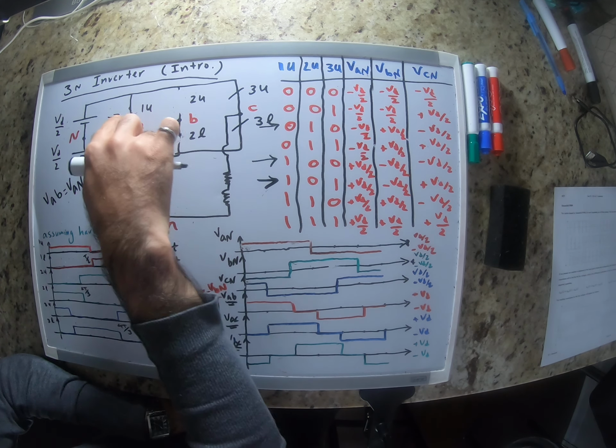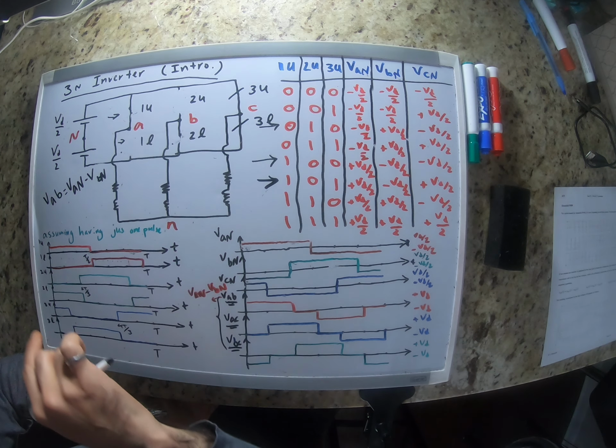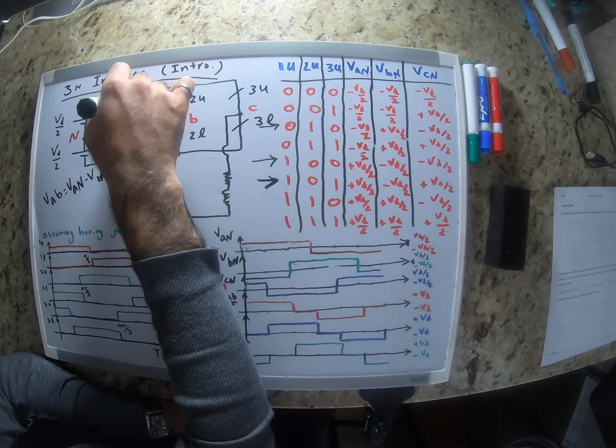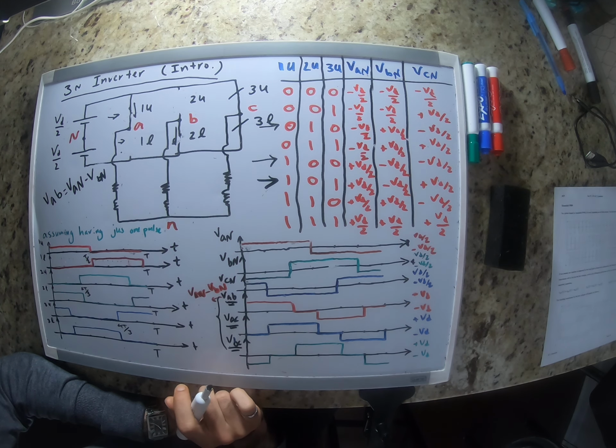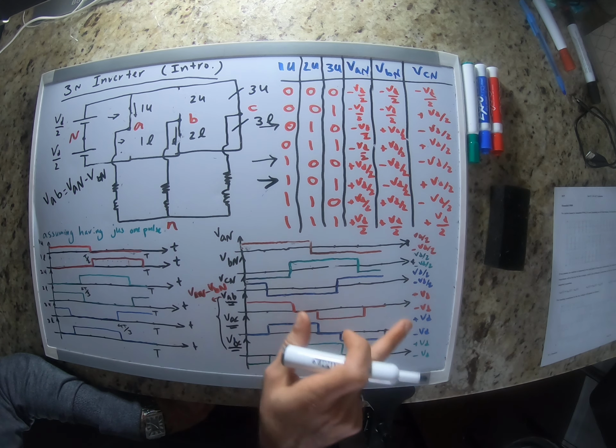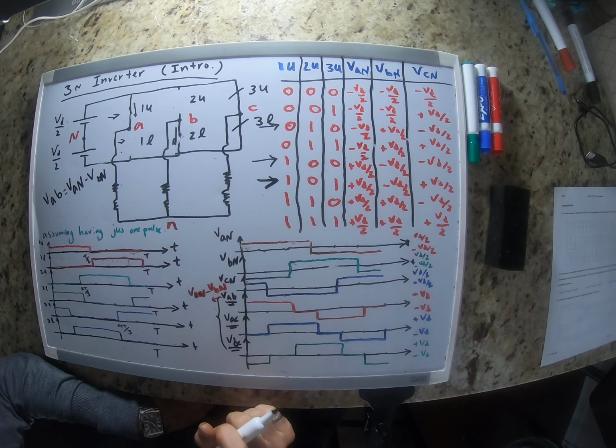So we would have a current going through the phase here, through this switch and through this switch. And this is going to be our line-to-line voltages, and that's exactly what we want.